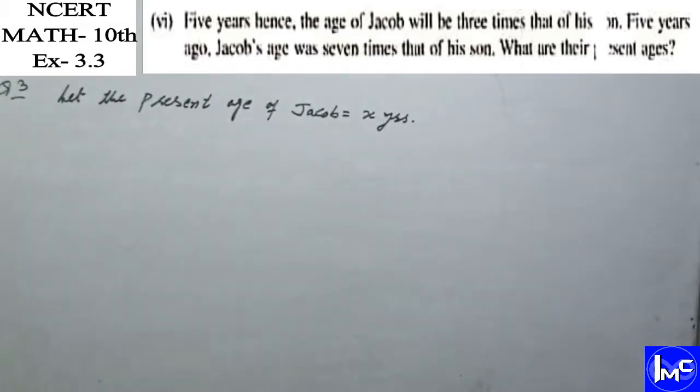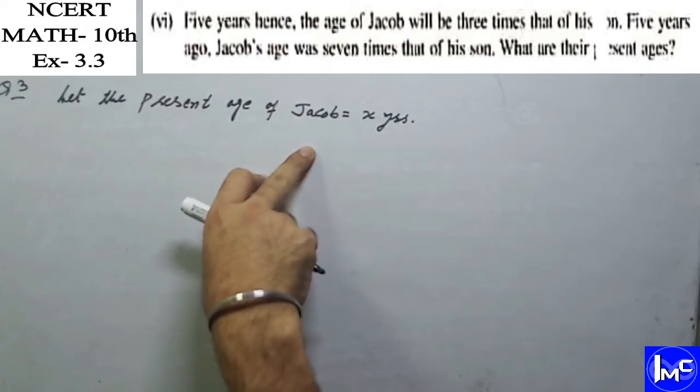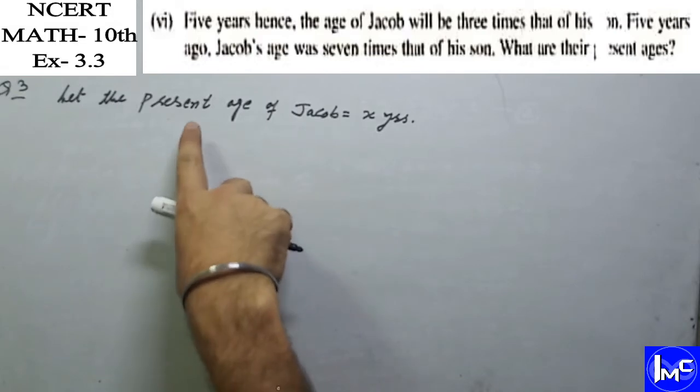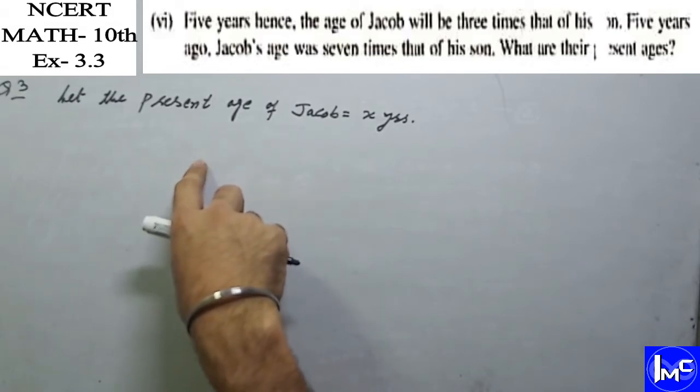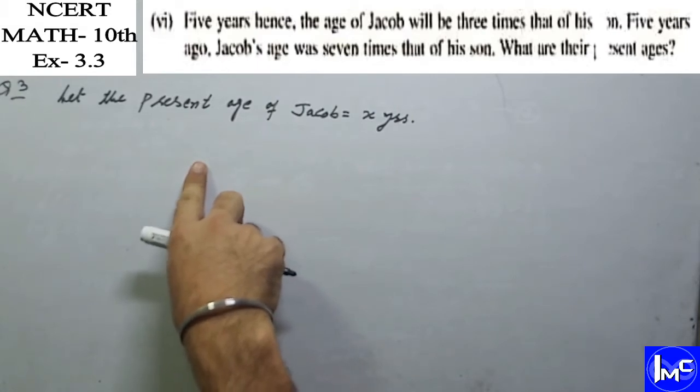In this type of questions that is related to ages of father and son, etc., we will always suppose the present ages of the required persons.